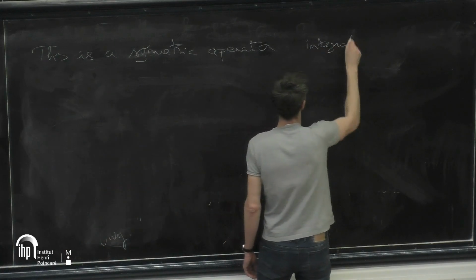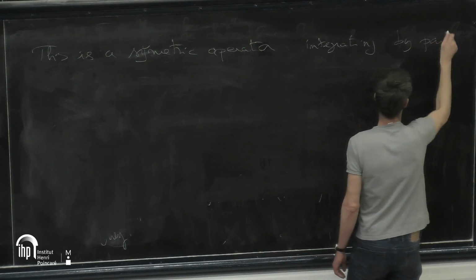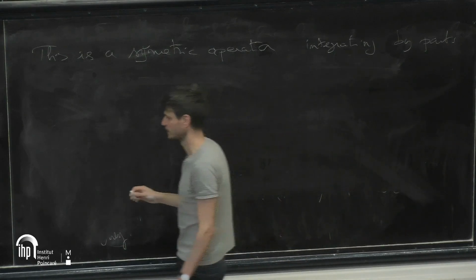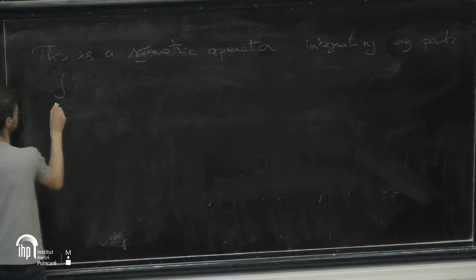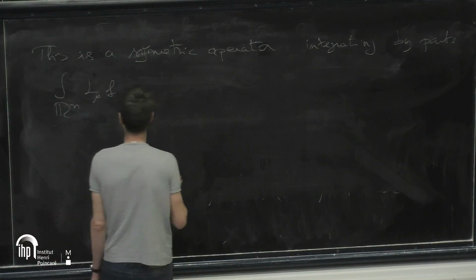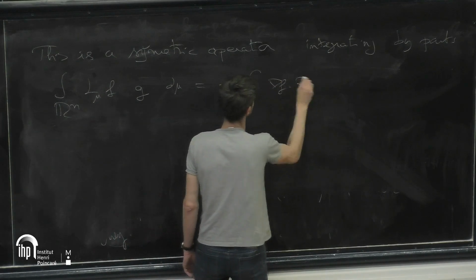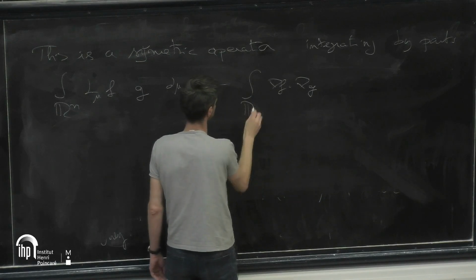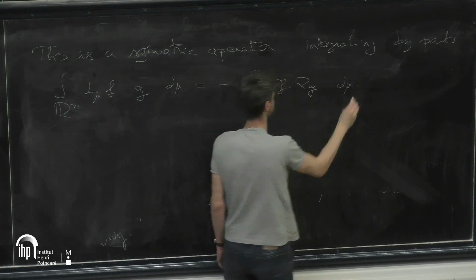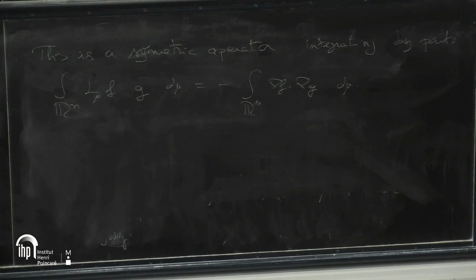Integrating by parts, we see that the integral of L_mu f g d mu is minus the integral of grad f dot grad g d mu, at least for such functions, smooth and compactly supported.